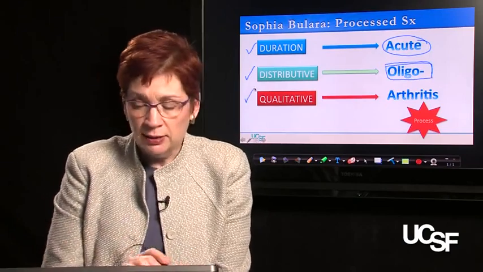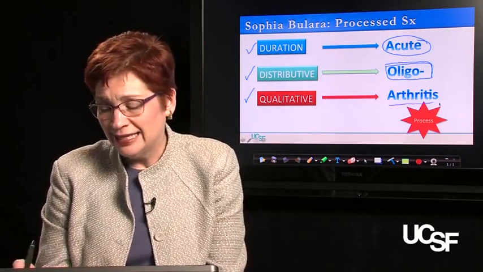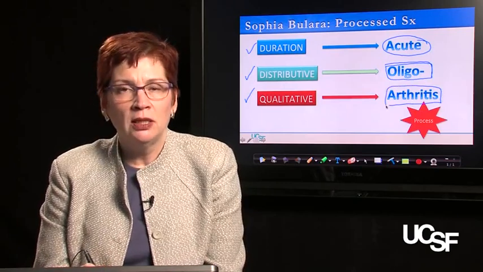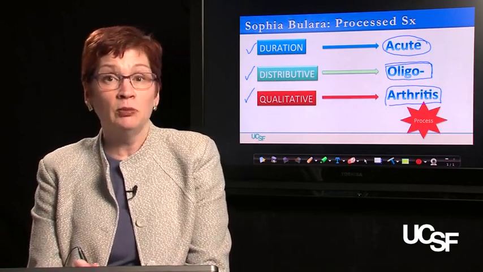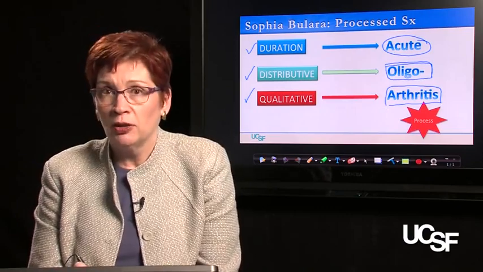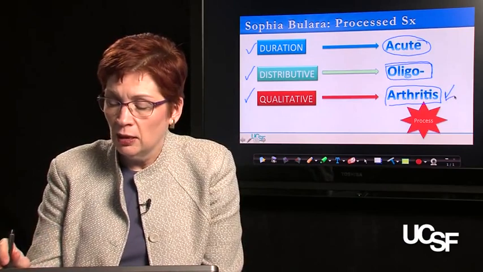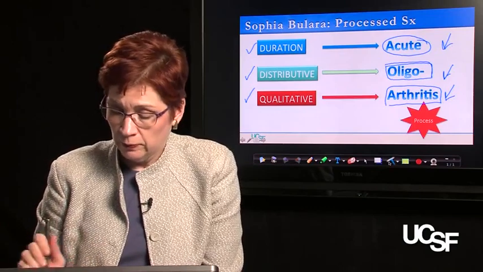And qualitative processing, she has as the cause of her current leg pain at least arthritis. And we know this because she has joint redness, warmth, and tenderness to motion, which are the elements of arthritis. It's not simply pain, which would be arthralgia. So again, very precise about what's causing her leg pain, how it's distributed, and the duration of her symptoms.